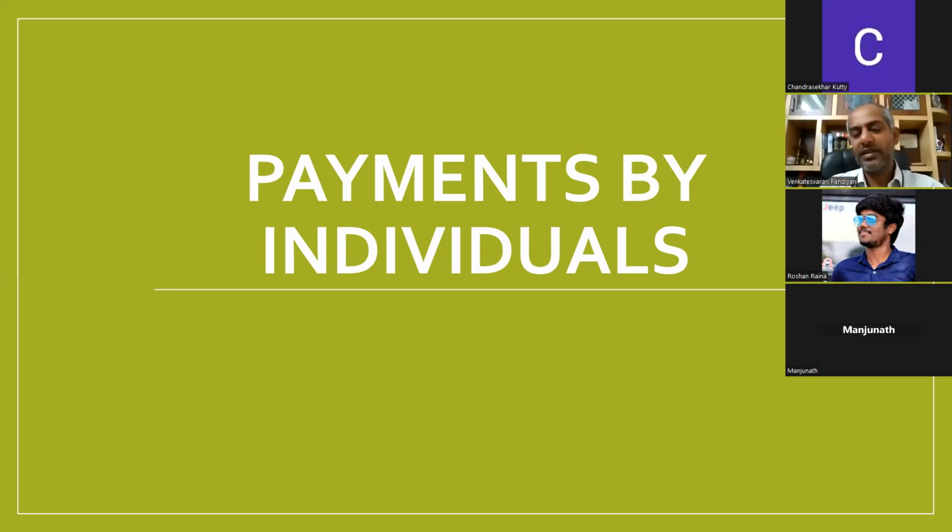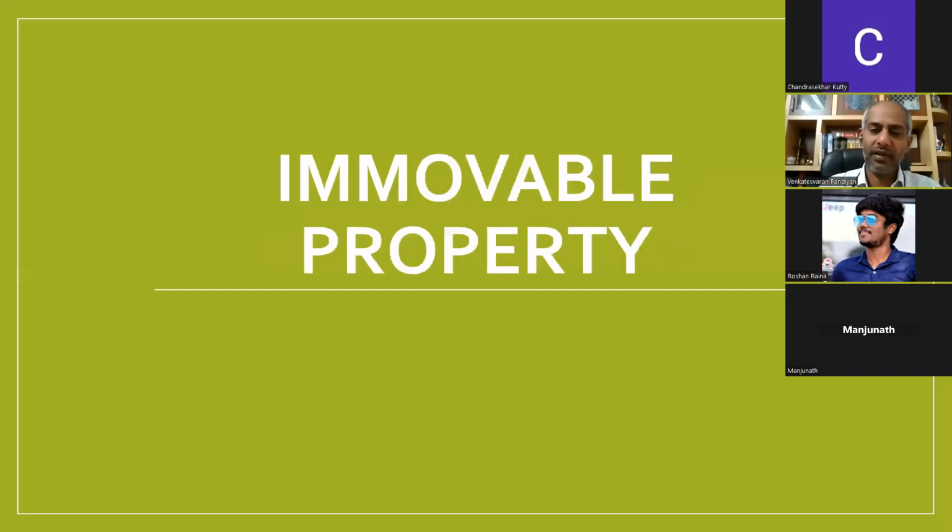So these are payments by individuals, which means irrespective of what you do, if you are an individual paying this in your individual capacity, not from a business perspective, then these provisions will be applicable. The first and foremost is immovable property.